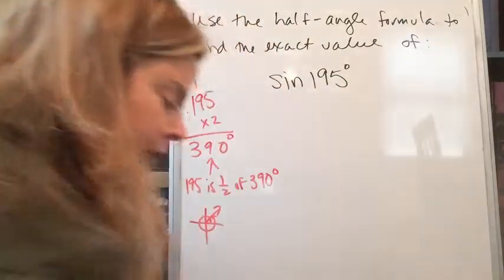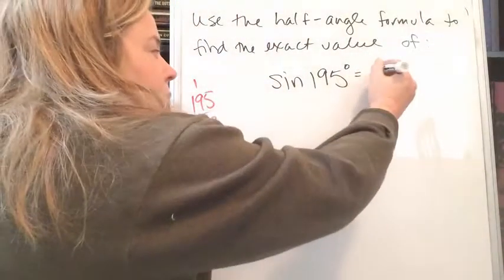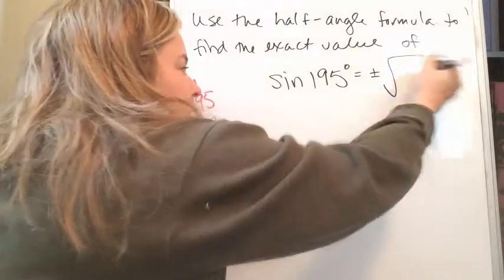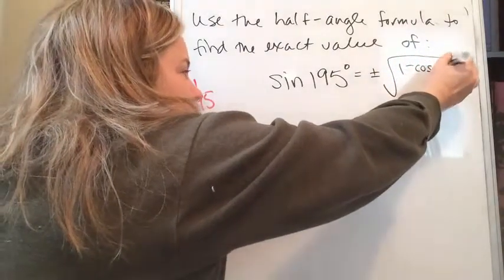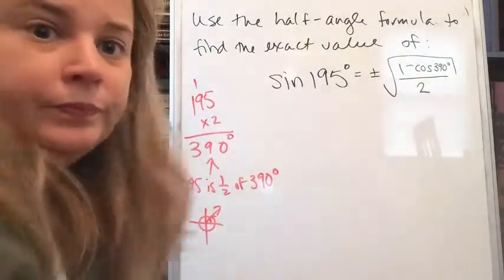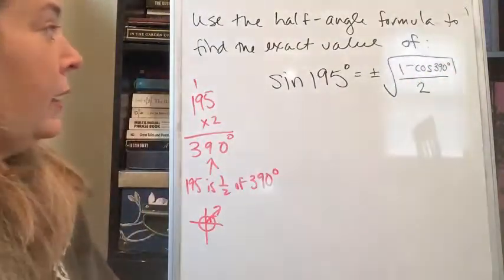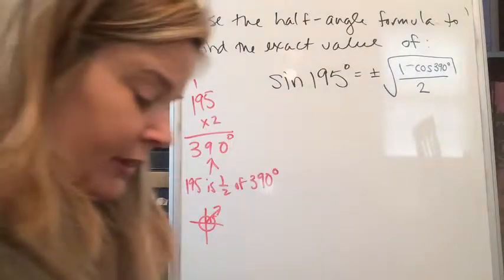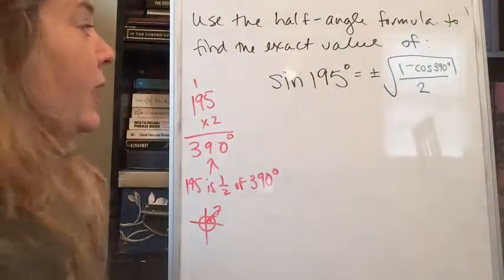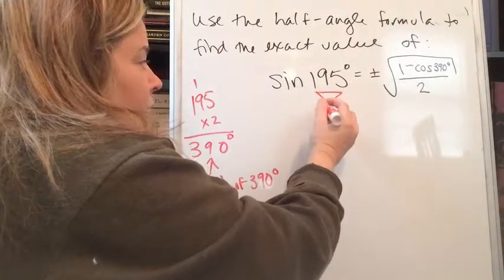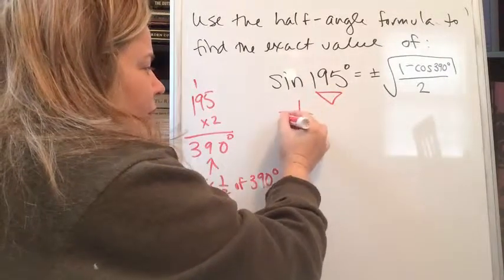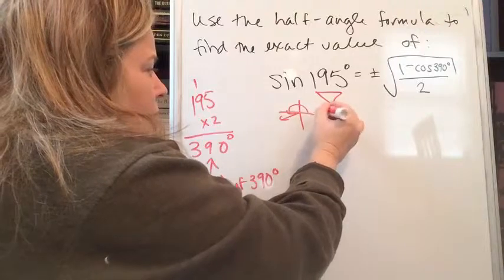All right, so let's see. What's the formula? The formula is plus or minus the square root of 1 minus cosine of 390 all over 2. We can easily determine the sign because we want to know what the sign of 195 is. Where is 195? 195 would be in the third quadrant.